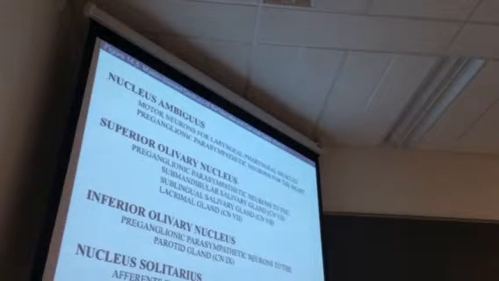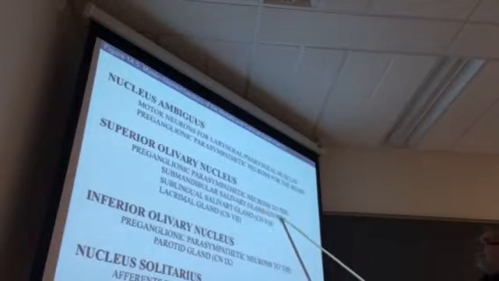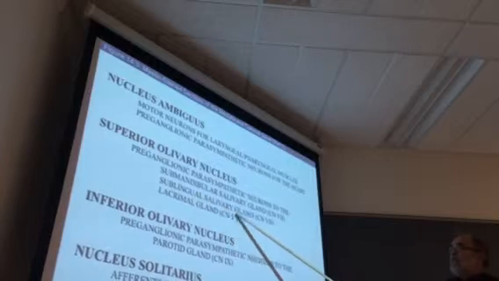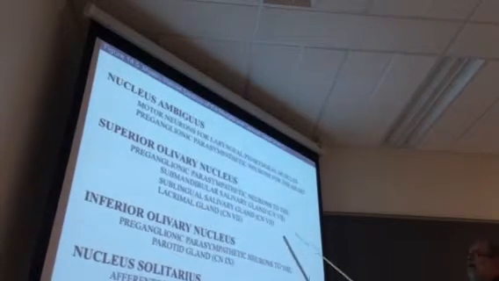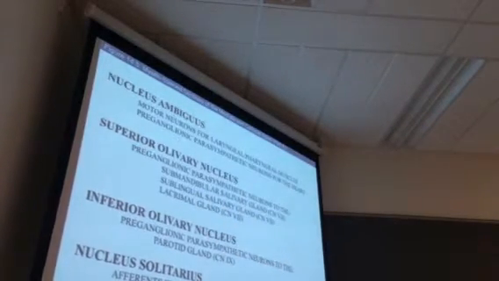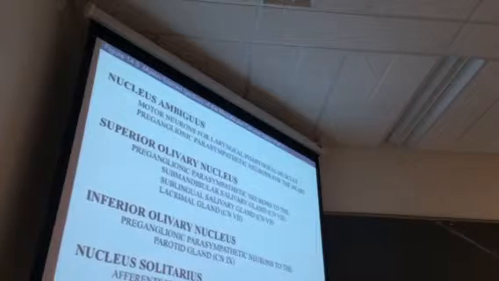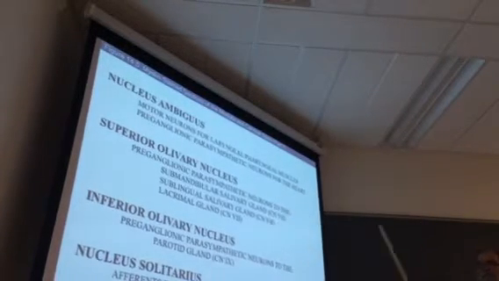Superior olive, or the superior olivary nucleus. Preganglionic neurons for the submandibular salivary gland, sublingual salivary gland, lacrimal gland. Oh! Cranial nerve 7. Ten, 7.